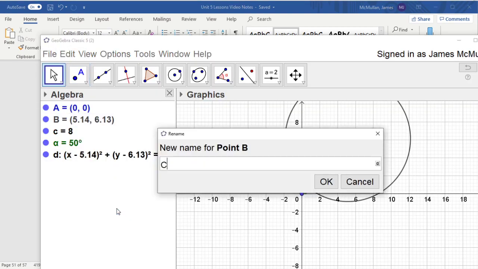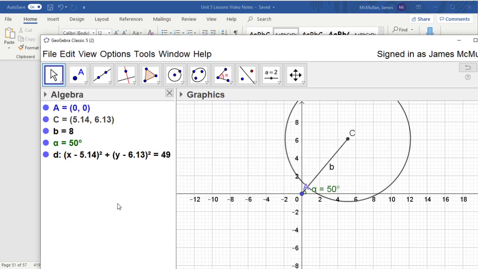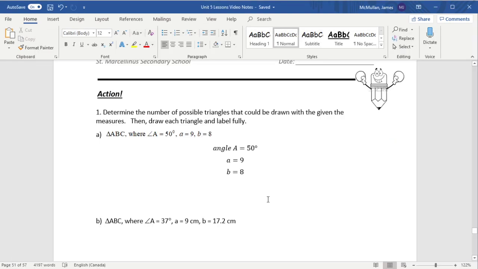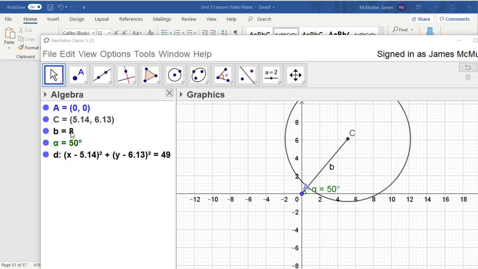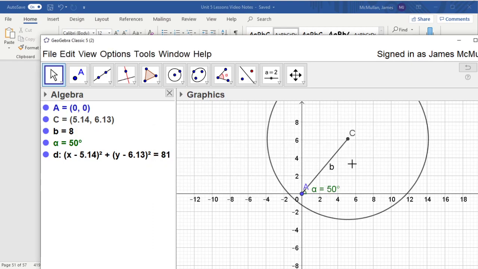This should be point C. This should be segment B, which is 8, and then this one should be 9. Okay, so this is a good example. The circle here has a radius of 9.